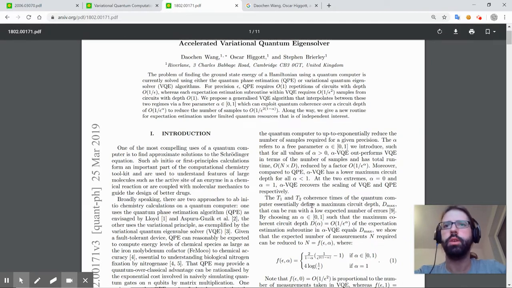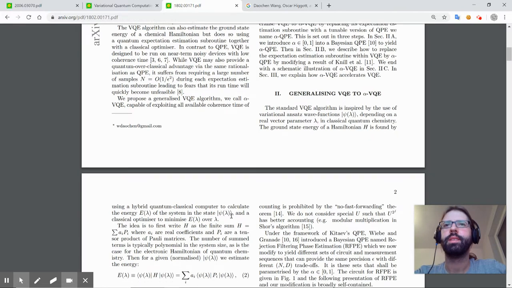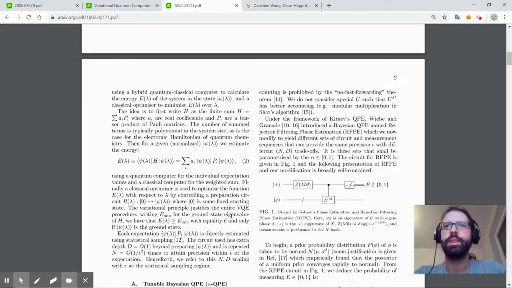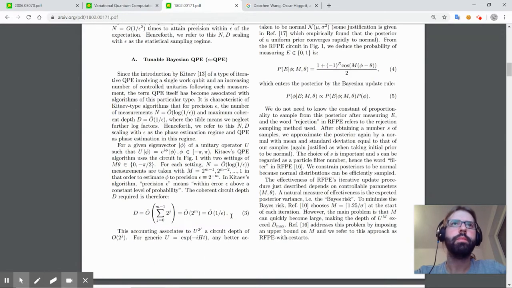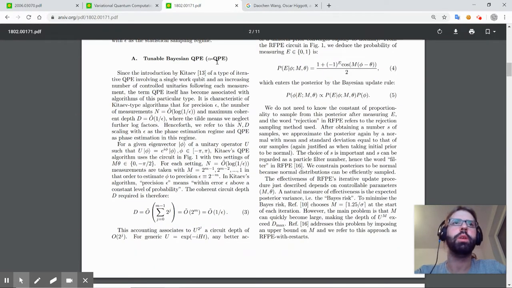It's alpha VQE. I like the name alpha VQE. Tunable Bayesian QP, alpha QP. Okay, I probably might want to take a look at that. Quantum phase estimation on steroids.